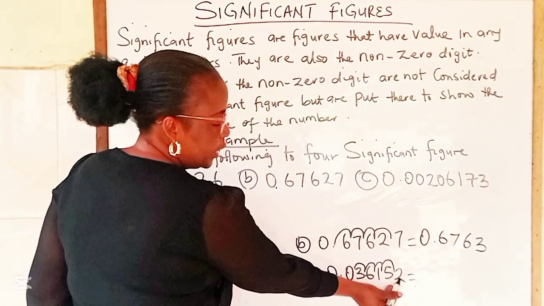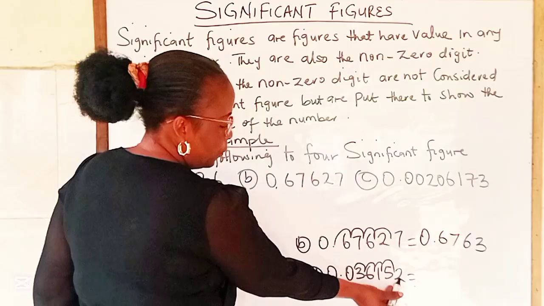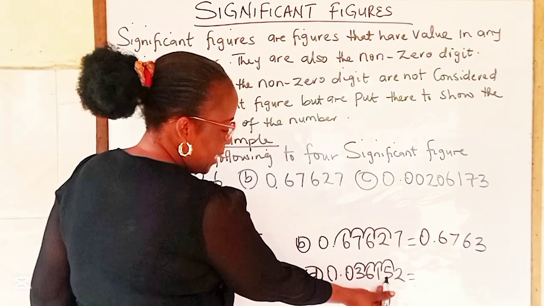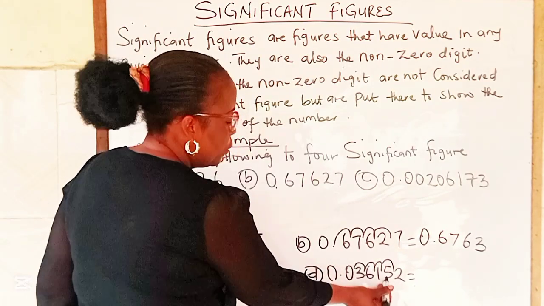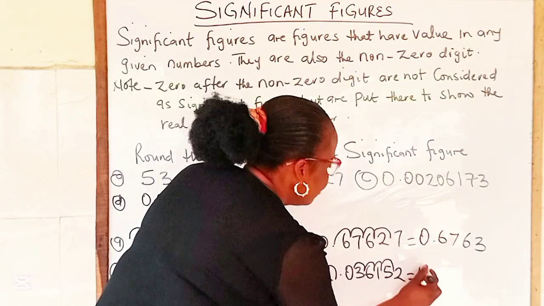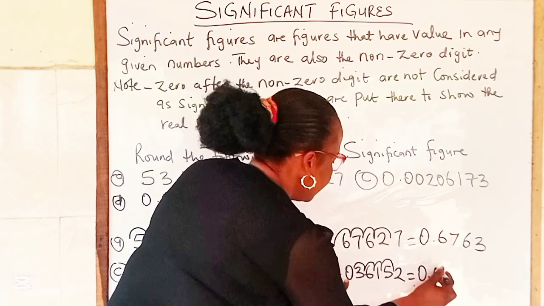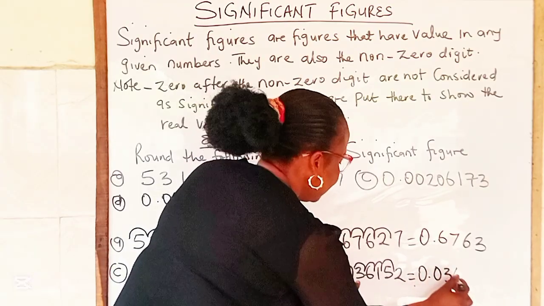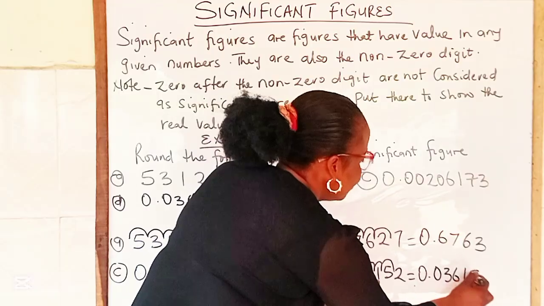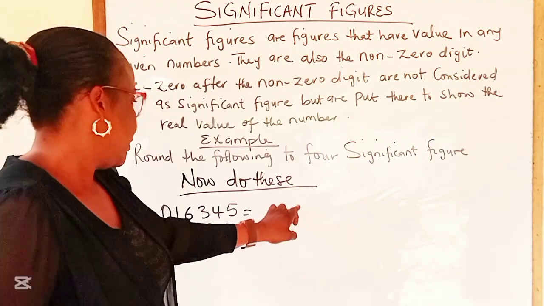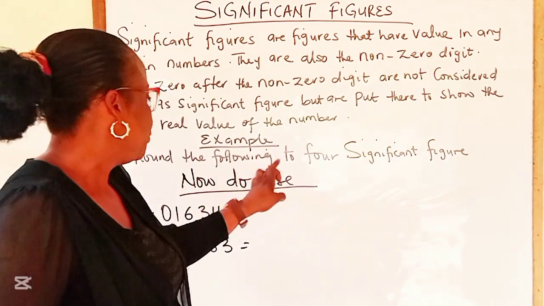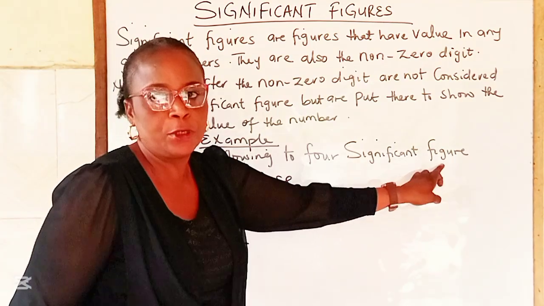The next number following is not up to 5, so we are not adding anything here. It remains 5. So what we have is 0.03615.